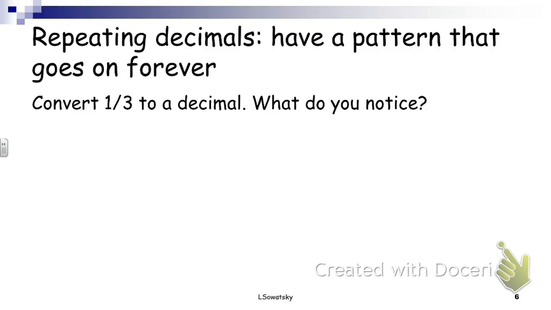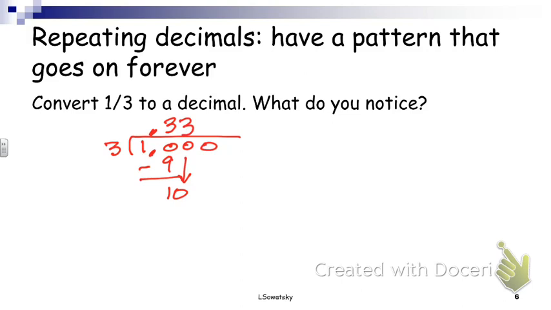So, for example, 1/3, if you're converting that to a decimal, if we do the long division, start it like you normally would. 3 goes into 10 3 times. 3 times 3 is 9. Subtract. Bring down a 0. 3 goes into 10 3 times. 3 times 3 is 9. Subtract, we get a 1.